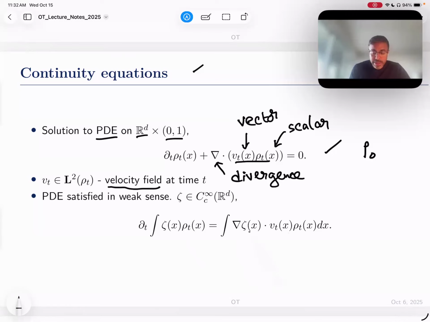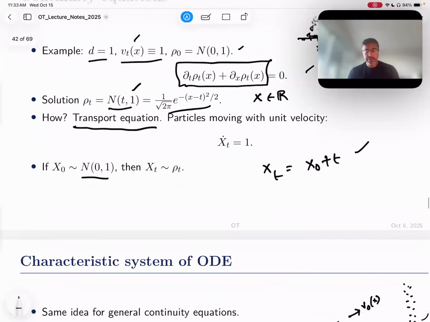So this is like an inner product. You should think of this as an inner product of the gradient of psi and v t, taken in the L2 inner product of rho t. So this is what I need to check.